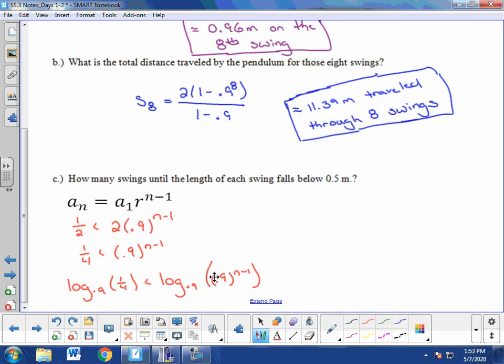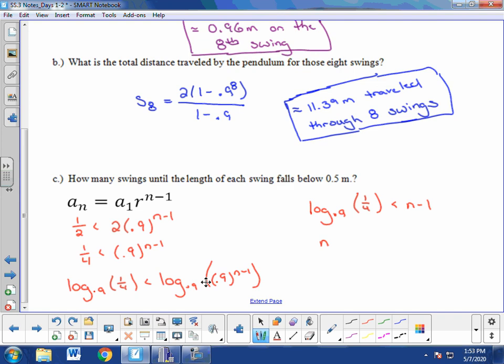What that would do is the log base 0.9 and the exponential base 0.9 would eliminate each other, so the left side of the equation would read log base 0.9 of 1/4 or 0.25 is less than n minus 1. Now I can add 1 to both sides.